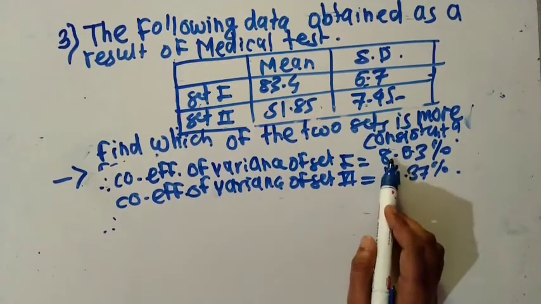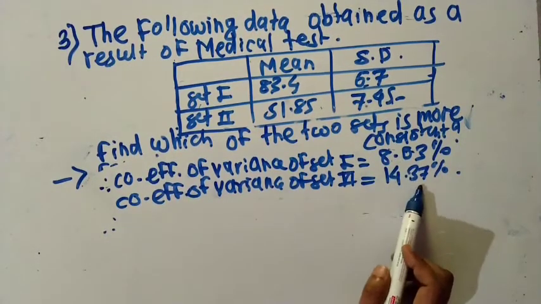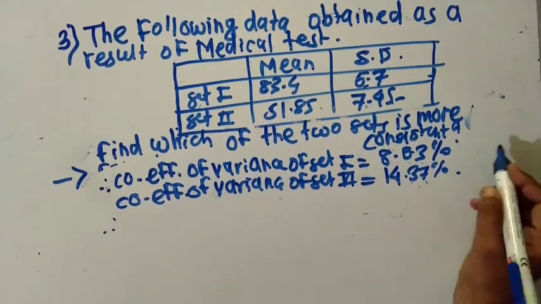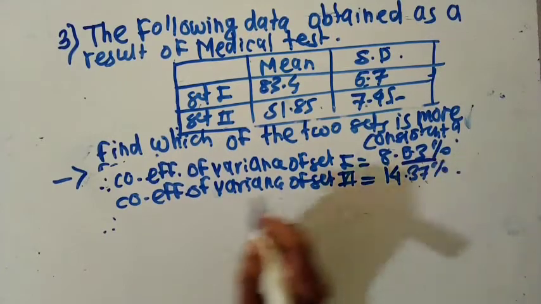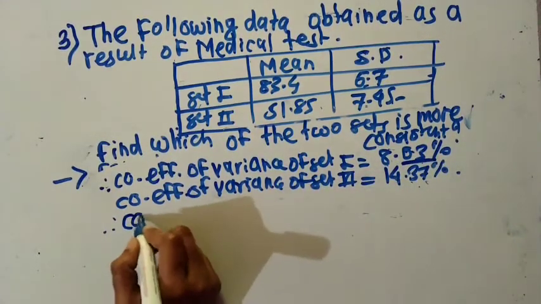But here, which is the lower value, 8.03 or 14.37? This is the lesser value, hence set 1 is more consistent.